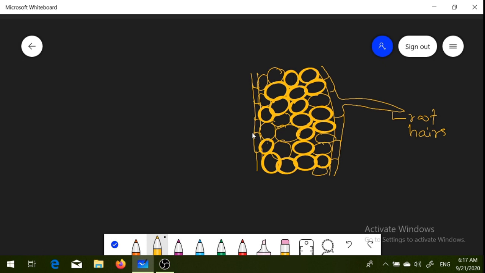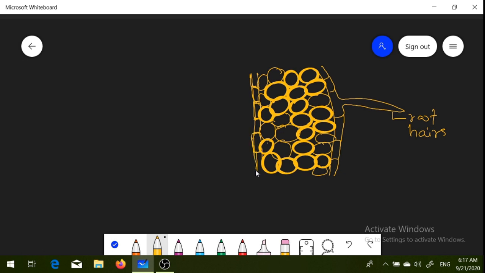Okay. So these endodermal layers have thick walls, thick radial walls, and those are known as the Casparian strips. But some of the cells are thin. These are the thick cells because there is deposition of suberin or lignin.